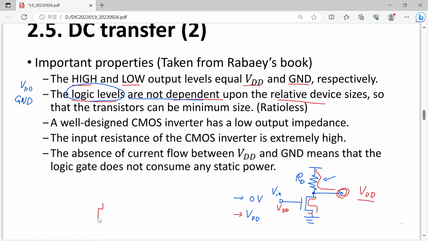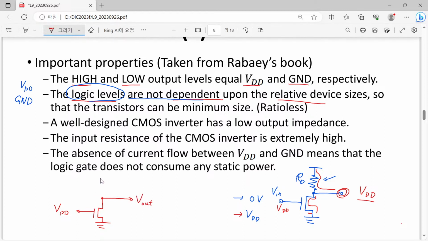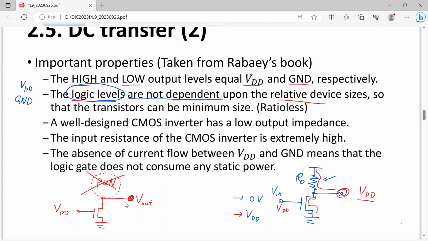In the case of the CMOS inverter, when we have a VDD, our MOSFET is also activated and connected to Vout. Good. However, in the case of our CMOS inverter, there is no electrical connection in this pull-up network. It is completely shut off. So, from the viewpoint of this Vout, it has only an electrical connection toward ground.